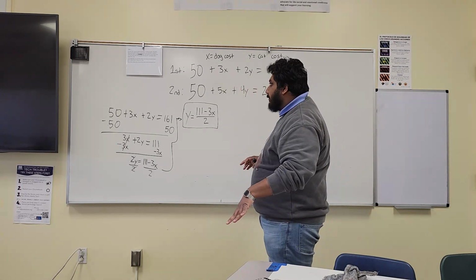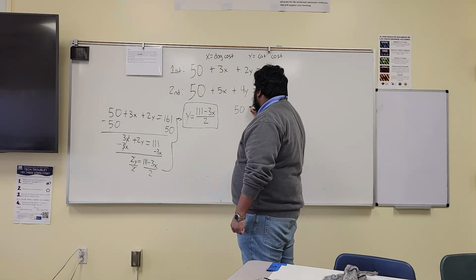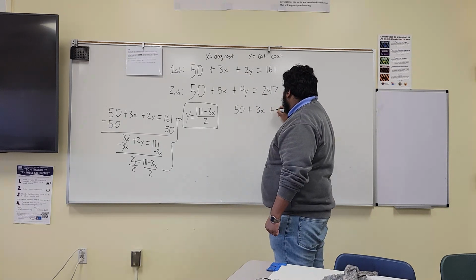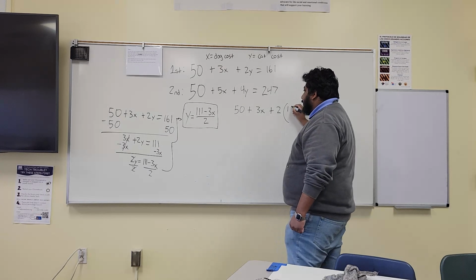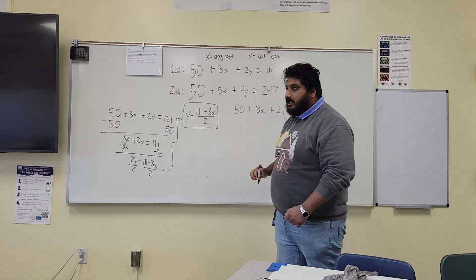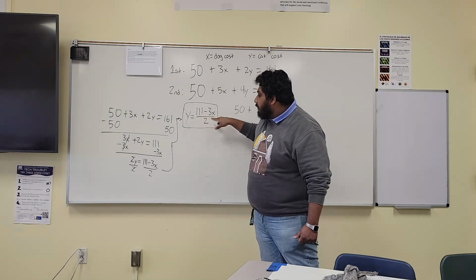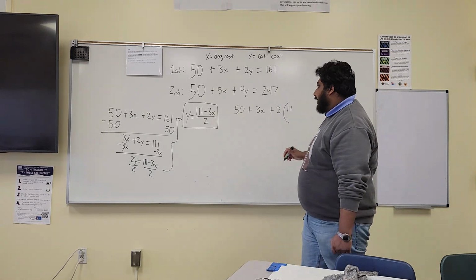So you wouldn't be doing this, but we'll see what happens if we do. So we're going to plug in this value. We're just putting in place of y this thing. Since y is equal to this, if there's a y, we can say that this also exists over there.